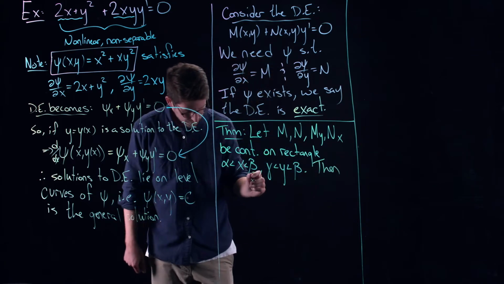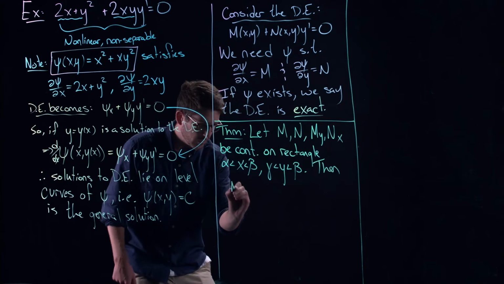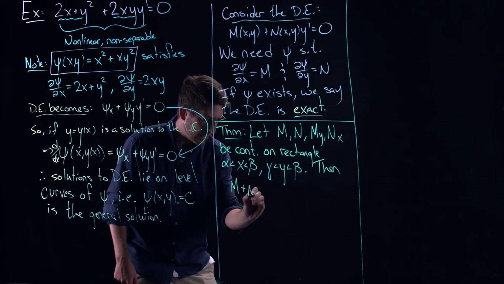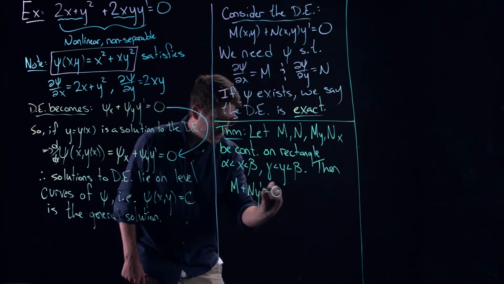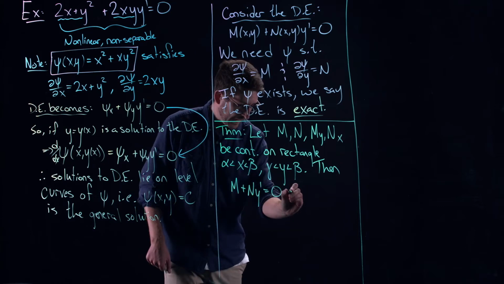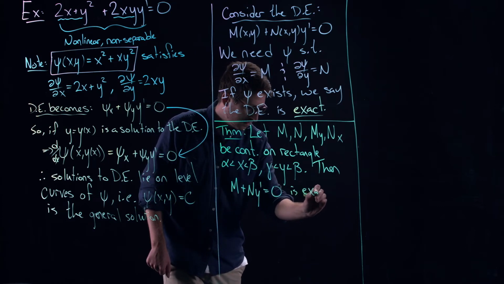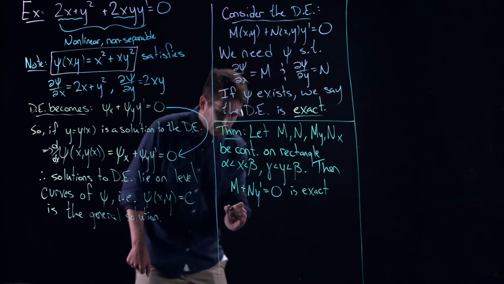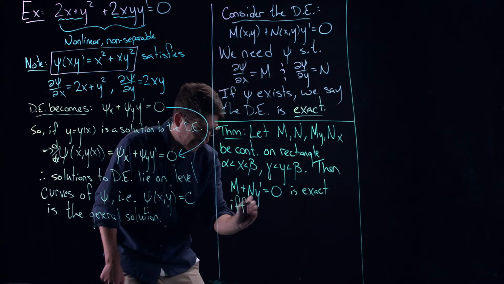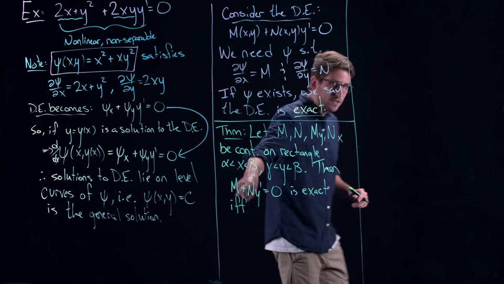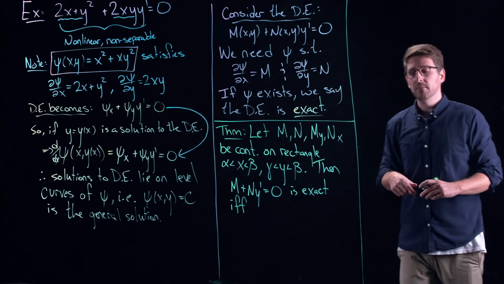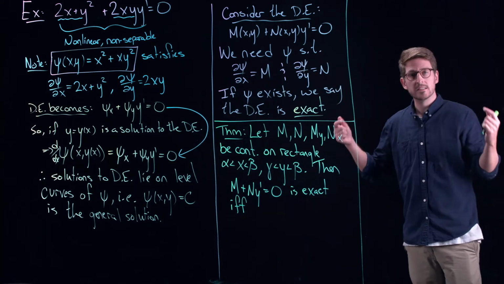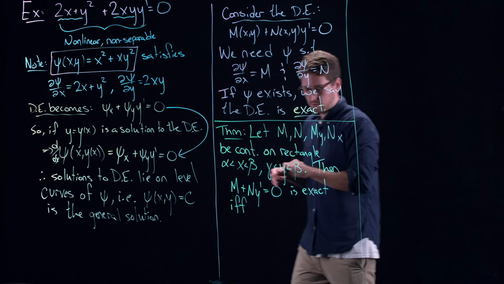Then this differential equation, M plus N y prime is equal to 0, is exact if and only if. So mathematician notation right here, IFF. That means if and only if. That means it is necessary and sufficient.